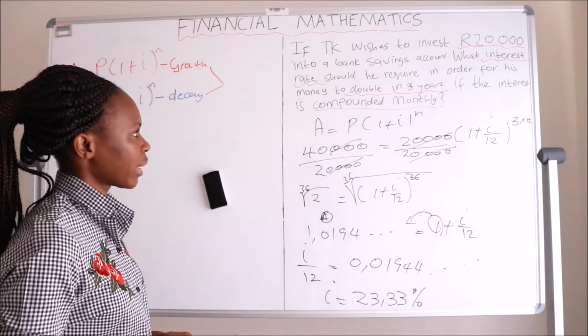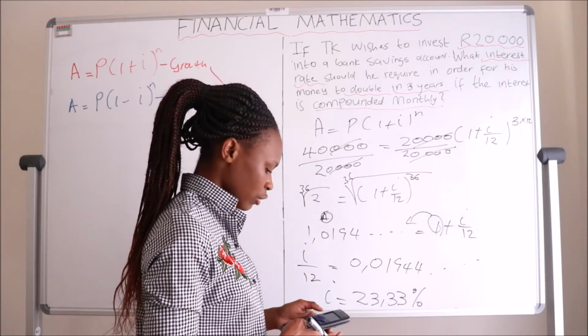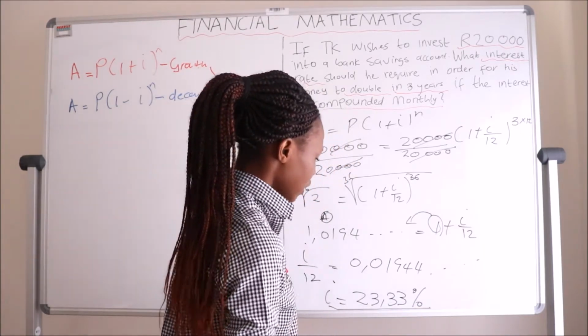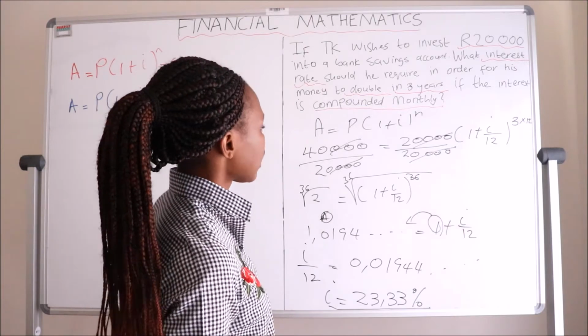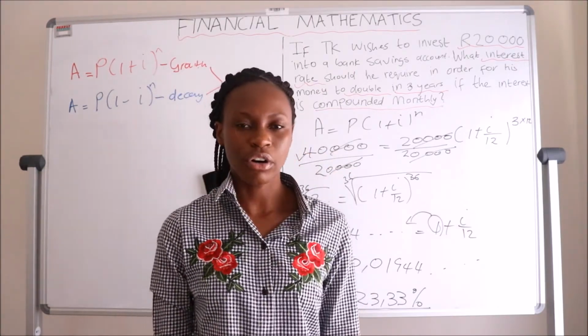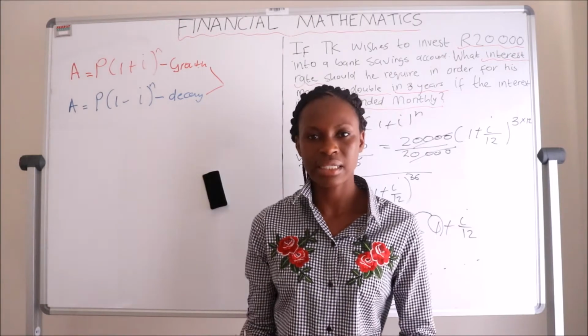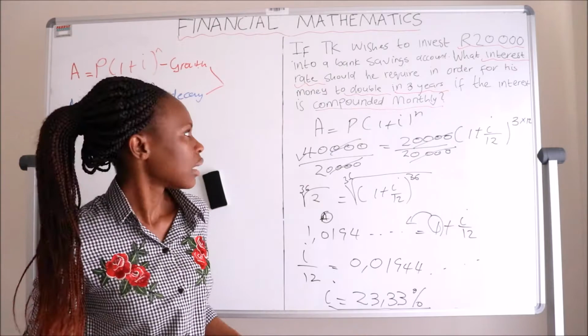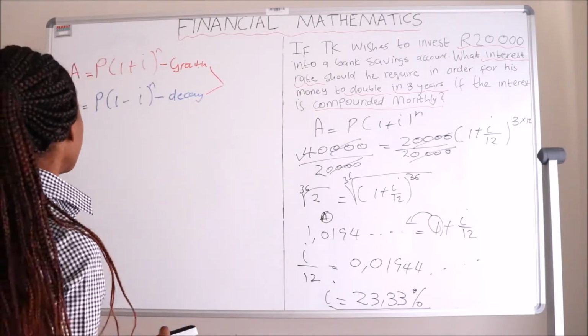So when he goes to the bank to ask about his savings account, they should give him an interest rate of 23.33%, so that his investment will double in a period of 3 years, provided that the interest rate is compounded monthly. Alright, let's do another question related to this one.